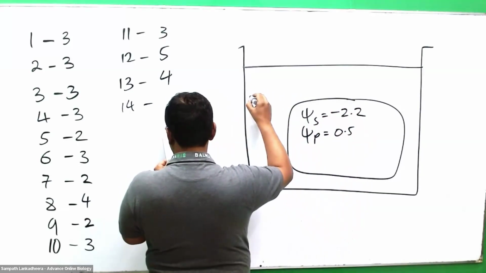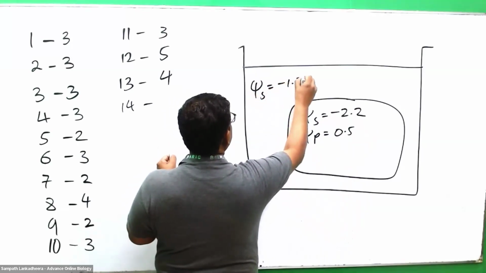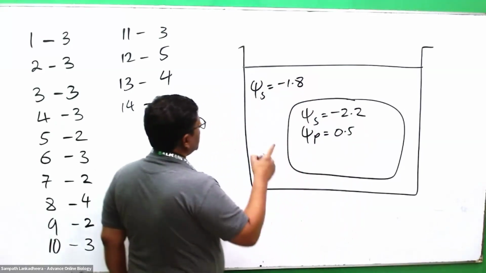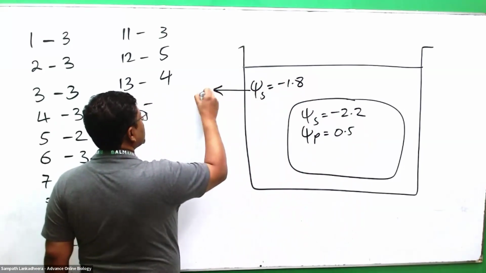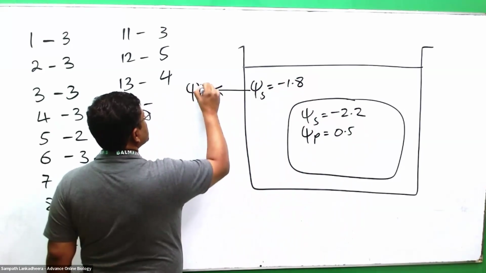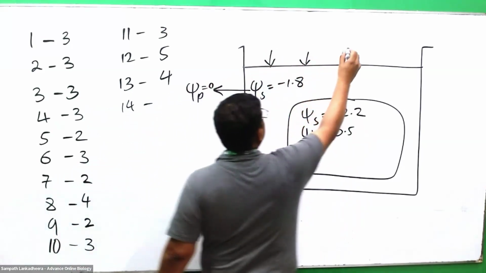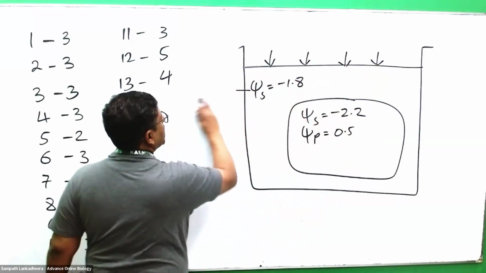This outer solution has solute potential minus 1.8 megapascal, for 45 minutes. Now, the outer solution solute potential is given. Outer solution pressure is 0. This sort of solution pressure we take as 0 because there is no extra pressure, right?